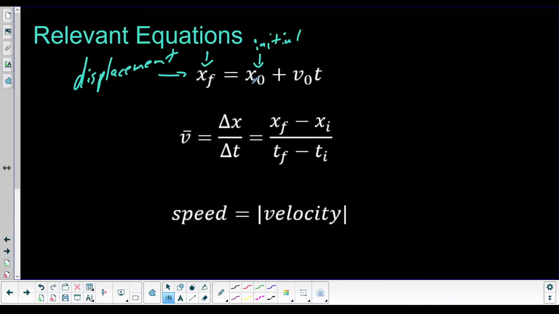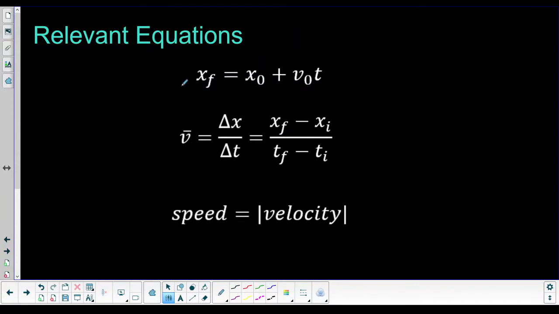So if you want to think about it as where you start plus velocity times time, or how fast you're going times how long you go, then you'll be fine for today. But later it becomes important. So just realize that it's there kind of as a heads up. But it's where you end equals where you start plus your velocity times time.